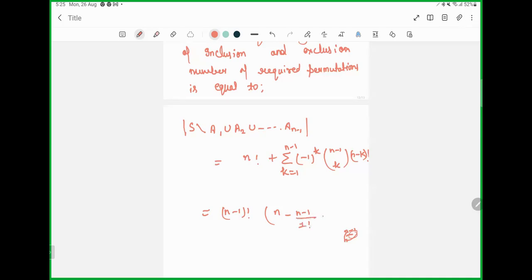Similarly, for 2 we will get (n minus 2) over 2 factorial.